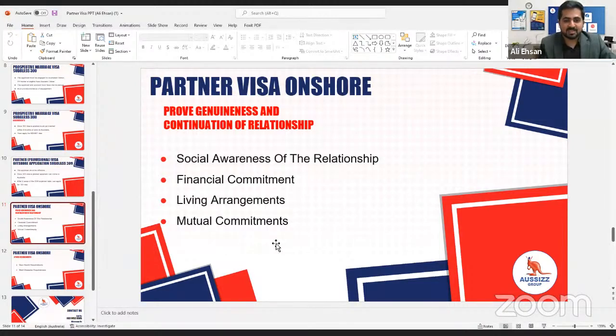If you miss any of these, the department can request more information, or the department can refuse your application on the grounds that your relationship is not genuine and continuing. So it's very important that whenever you are lodging a partner visa application, you make sure that you have satisfied all these four factors.